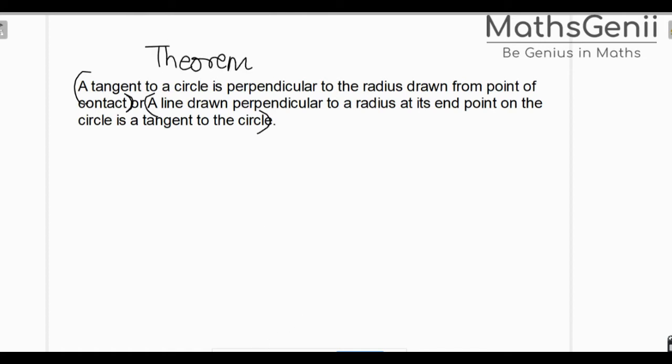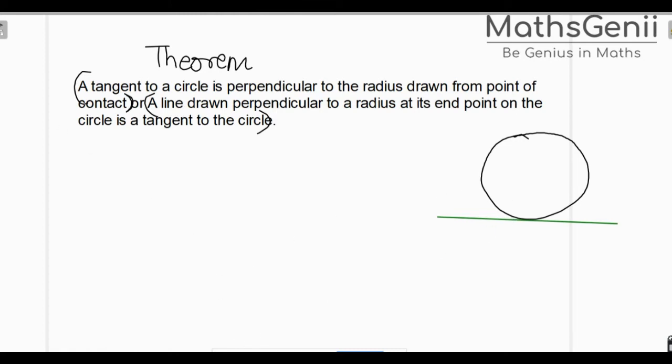Okay, now I'm going to quickly draw a circle, and a tangent to a circle. So I'm going to draw a tangent also here. Let me draw a tangent to the circle. Okay, a tangent to a circle is perpendicular to the radius drawn from the point of contact.